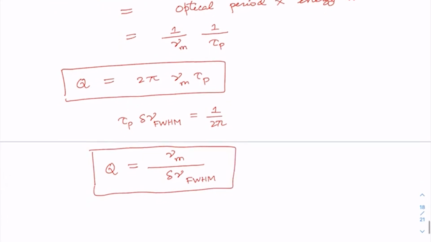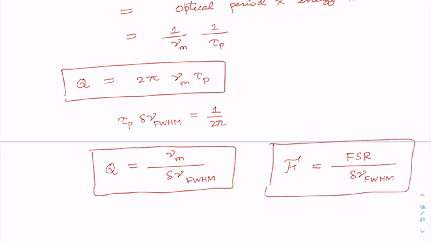By the way, if we compare with the expression for the finesse, which was defined as the free spectral range divided by delta nu, the full width at half maximum, this is the bandwidth.